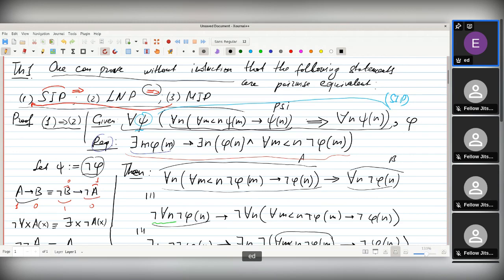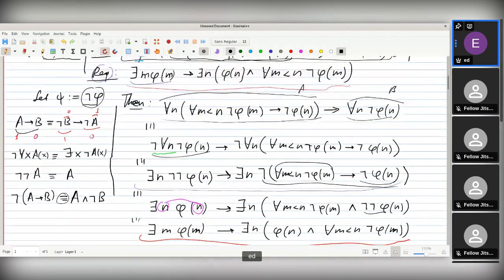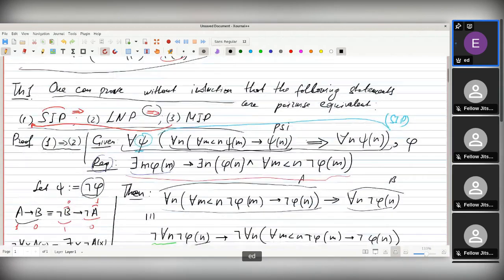No. We have done a sequence of logical transformations. No induction. So this implication from 1 to 2 doesn't depend on any induction axiom. Of course, the assumption of this implication was an induction axiom, but in the course of proving this implication, we have used no induction. Is this idea clear?